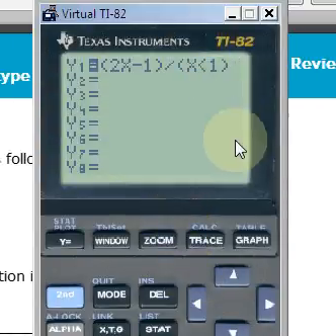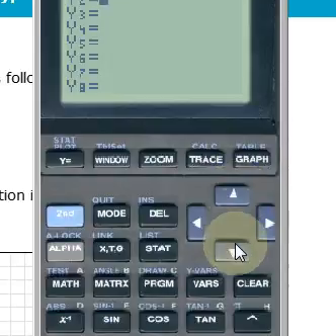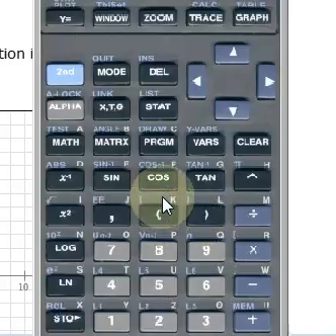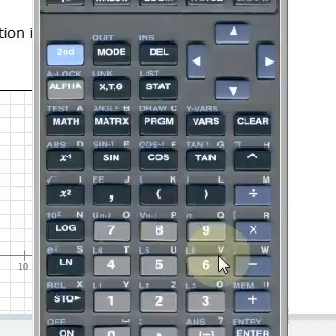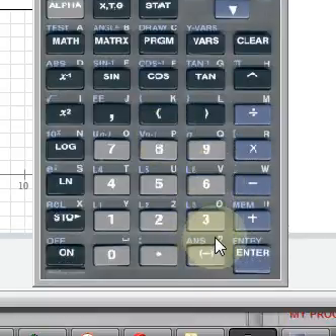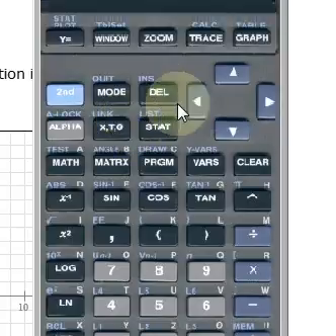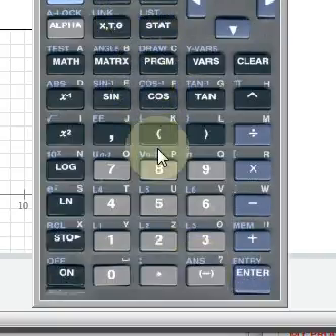Now let's enter the other one in. Down here we're going to put minus, using the negative sign, negative x. We've got to put in parentheses first. Make sure you always put in parentheses.